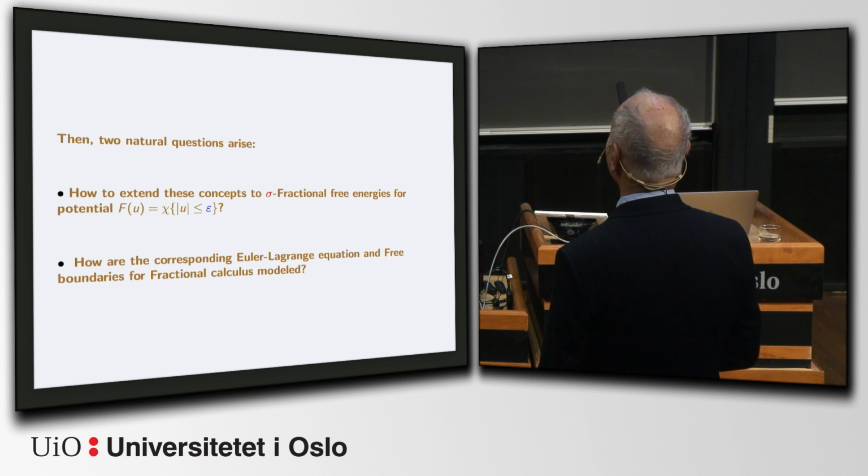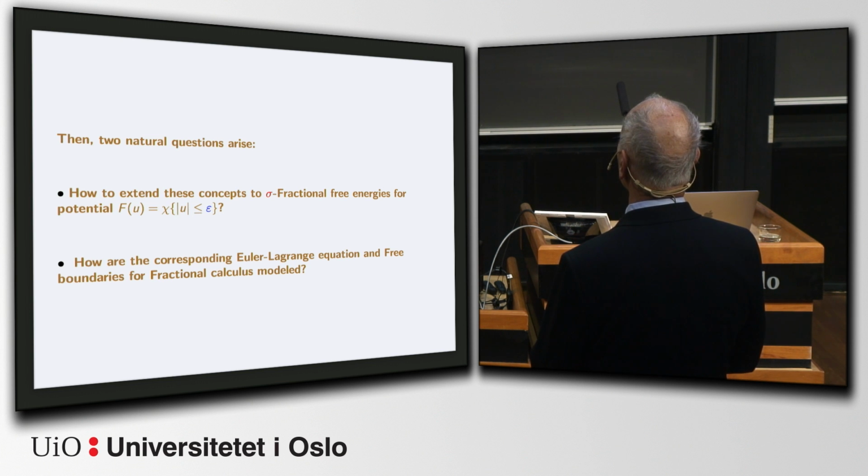Okay. Then two natural questions arise, right? I think it's more or less what I was saying: how to extend these concepts to sigma fractional free energy for potentials f of u equal to the characteristic of the set where the absolute value of u is less than or equal to epsilon.